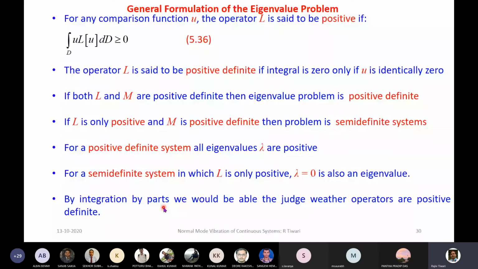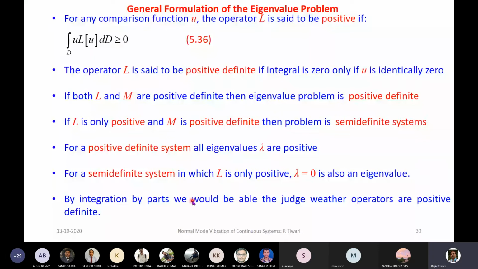Because here the L operator is very general, it will be difficult to do integration by parts as we don't have the actual form of L. Once we have the actual form of L, we can do and check this.